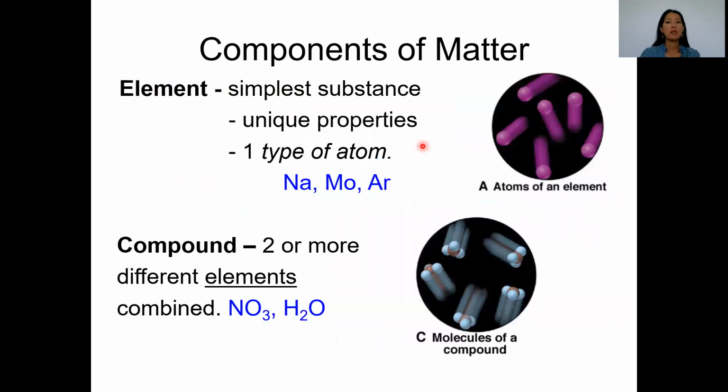The element is the simplest substance. It does have unique properties. This is because each different element has different numbers of protons that can then result in an atom having different protons, electrons and neutrons, giving different behaviors.